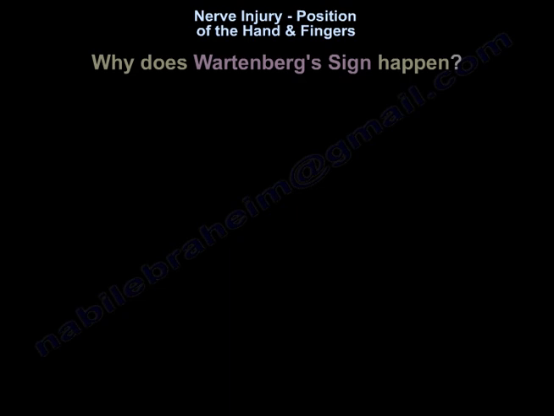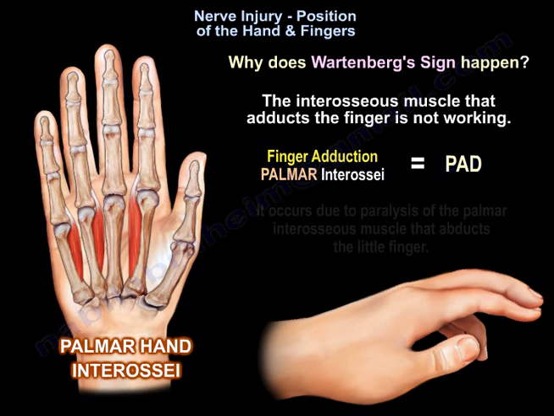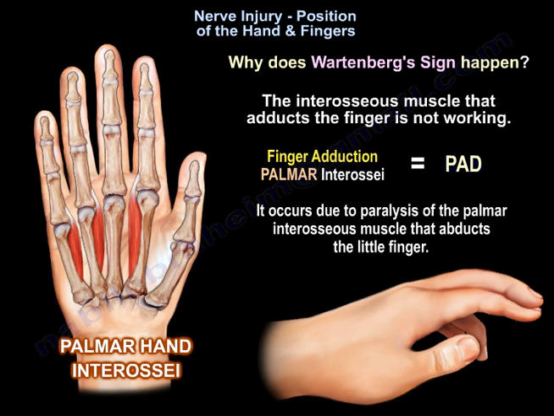So why does that happen? Because the interosseous muscle that adducts the finger is not working. It is the palmar interosseous muscle, the palmar pad. It occurs due to paralysis of the palmar interosseous muscle that adducts the little finger.